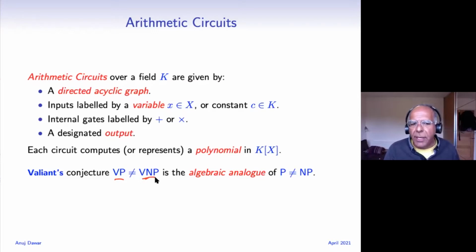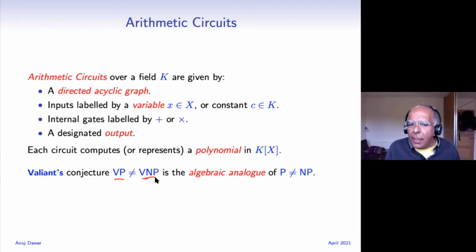VNP, the definition is a little bit technical. There are polynomials which are obtained as projections of polynomials in VP in a certain way. But Valiant conjectured this and said this was in some sense maybe a somewhat easier problem to approach than P versus NP.